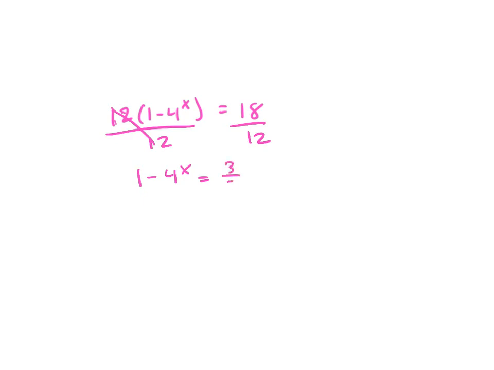What can we do next? Subtract 1 on both sides, so negative 4x is equal to, subtracting 1 would be minus 2 over 2, so that would be 1/2. What do we do from here?